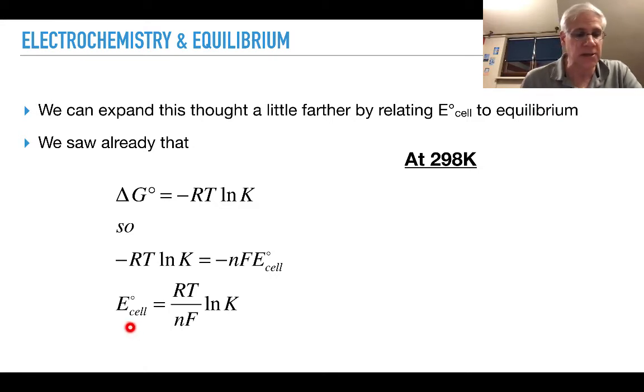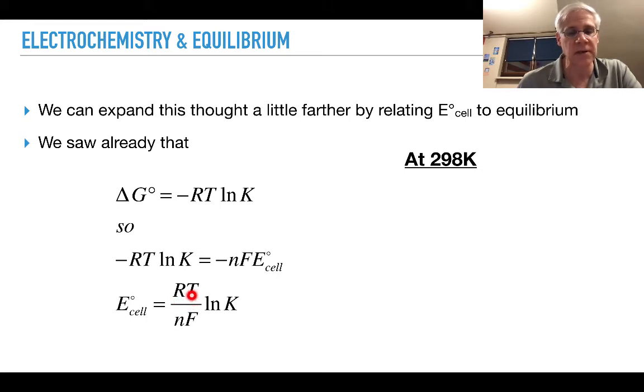Here I showed an example where we solve for E0 cell. So if we know the K for a redox reaction, we can solve for the E0 cell. Vice versa, if we know the E0 cell, we can solve for K. We can take this a little bit farther if we know we're under standard conditions and at 298 K. R here is the gas constant, so it's our 8.314 joules per Kelvin mole.